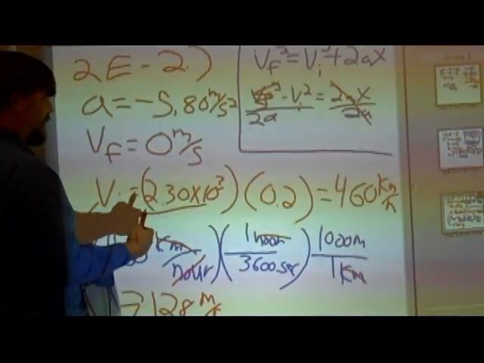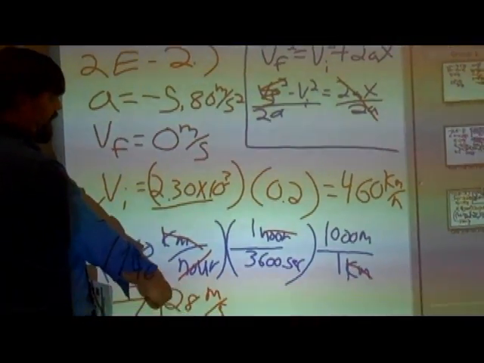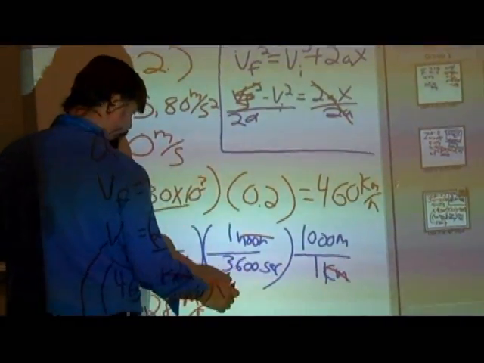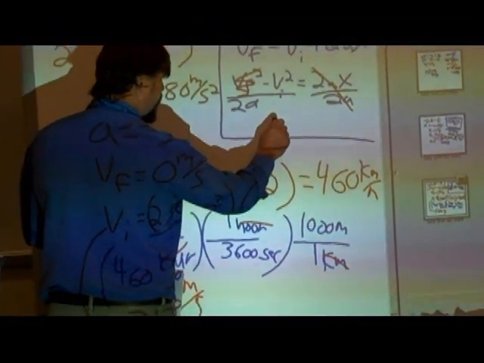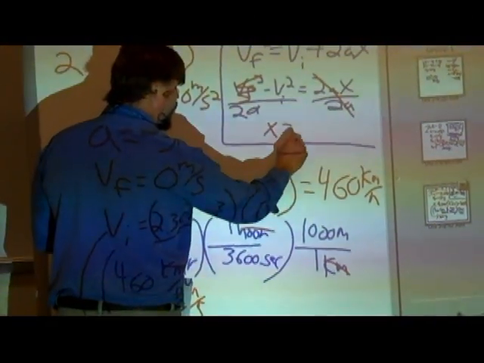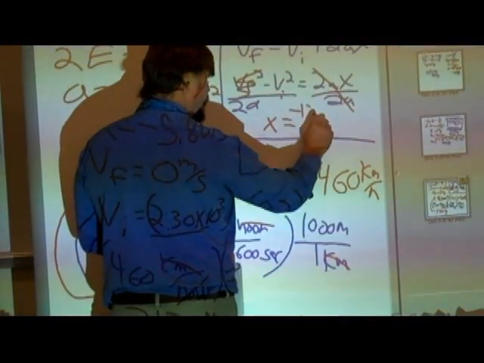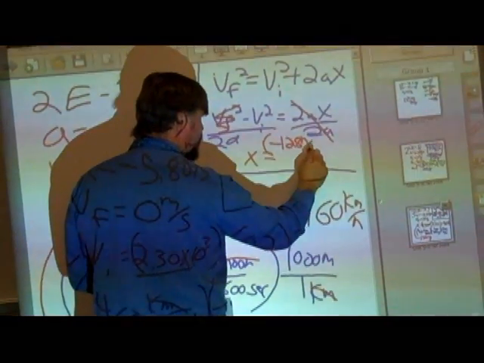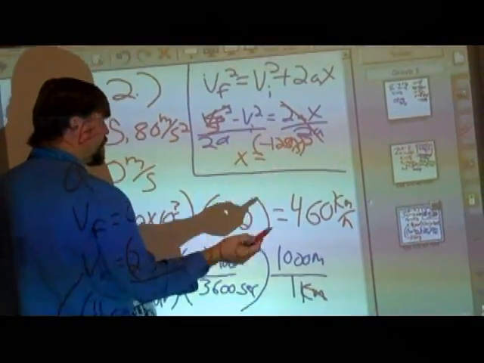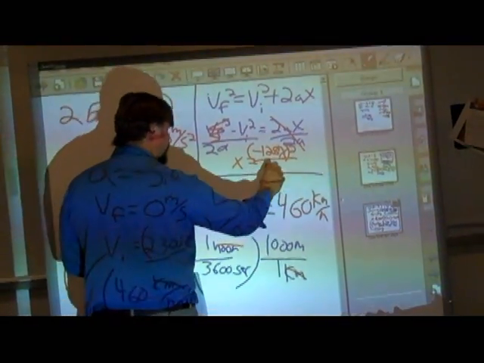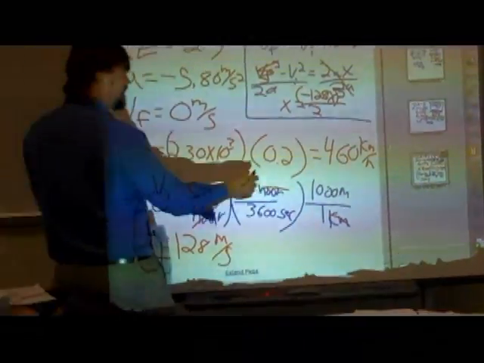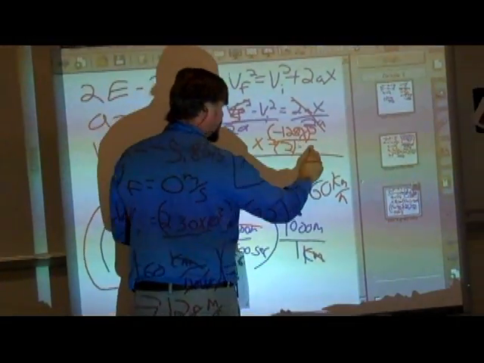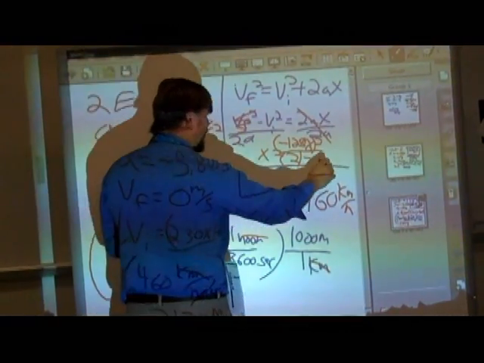So we have minus VI squared, that's 128 meters per second squared. So in our problem, x equals minus 128 meters per second, you square that whole thing, divided by 2 times an acceleration of minus 5.80.